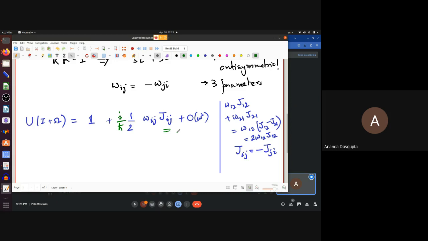And because these J's generate rotations, and angular momentum in classical mechanics generates rotations through infinitesimal canonical transformations, we identify these operators as angular momentum. Okay. Now, the precise form which this operator will take will depend on the particular system you're talking about. Okay, clear? Yes, sir. But there are operators which act on your Hilbert space.